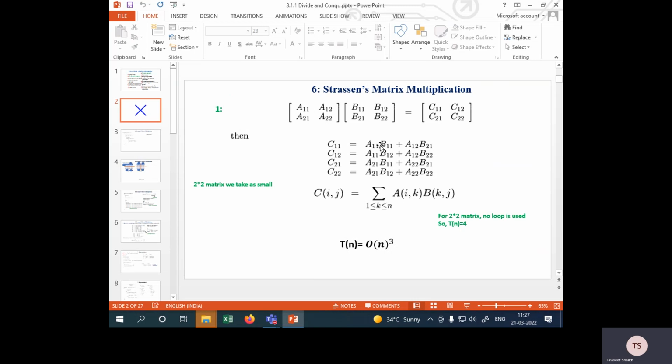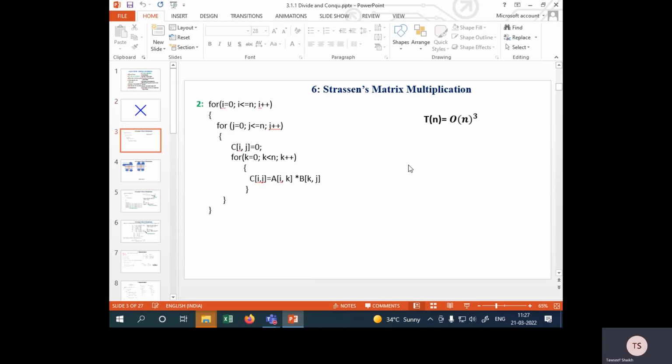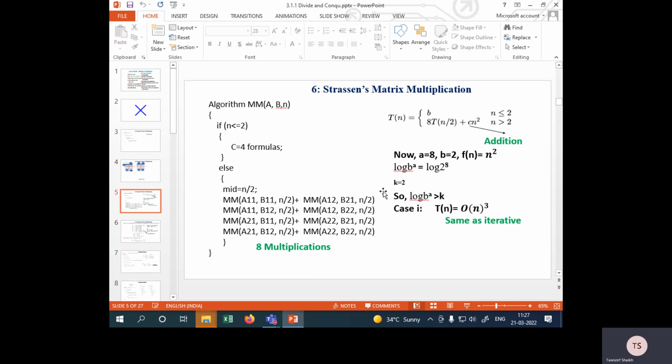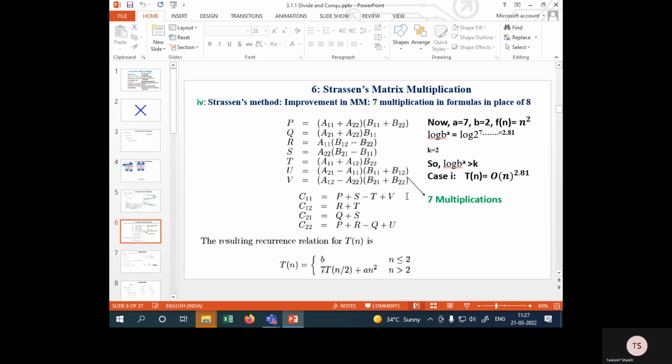Since here we were making 1, 2, 3, 4, 5, 6, 7, 8 number of multiplications, he said that if we decrease the number of multiplications by a certain amount, that will decrease the total complexity of that algorithm.